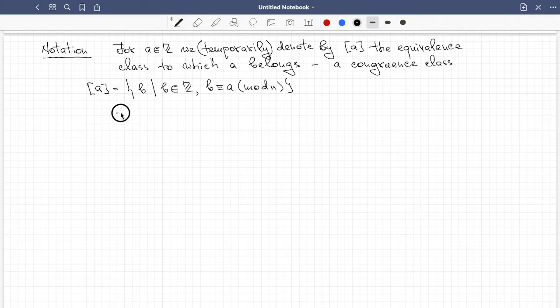This is the same thing, from the definition of what it means for two integers to be congruent modulo n: their difference is divisible by n. We can rewrite it as all integers b such that n divides the difference a minus b.